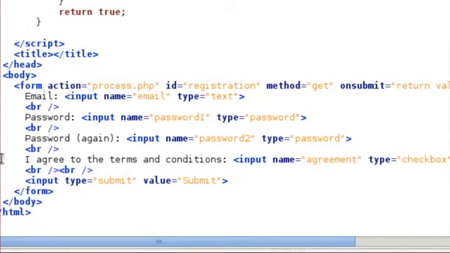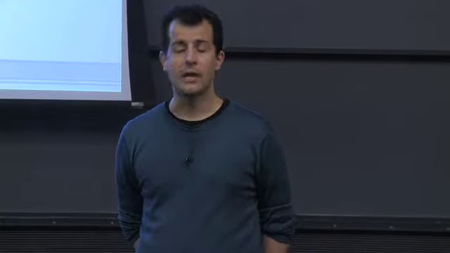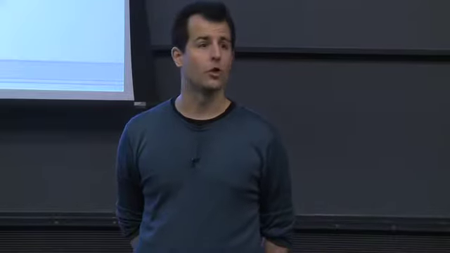I've given this form an ID, registration, and I have given it similarly an email field, a password field, another password field, and then a submit button. But what I want to do this time is when the user tries to submit this form, I want to use JavaScript to actually check the values that they've typed in and yell at the user, reject their input, if the passwords, for instance, don't match, or if they haven't filled out this form properly.